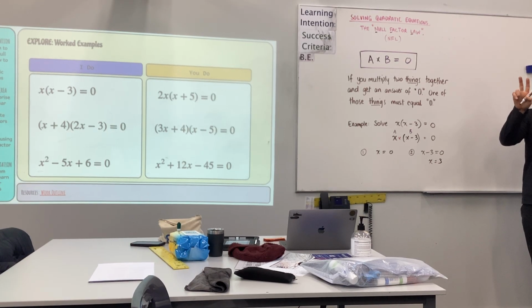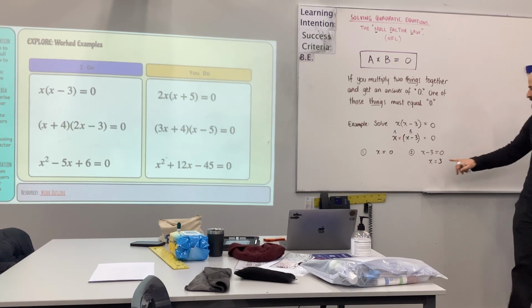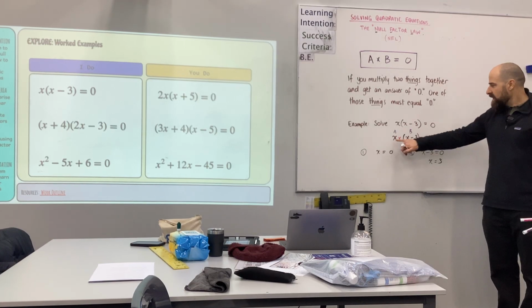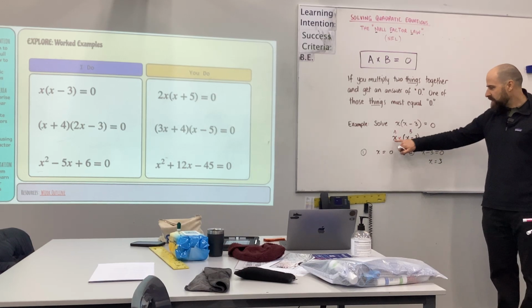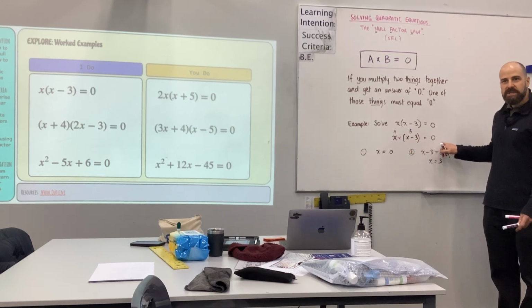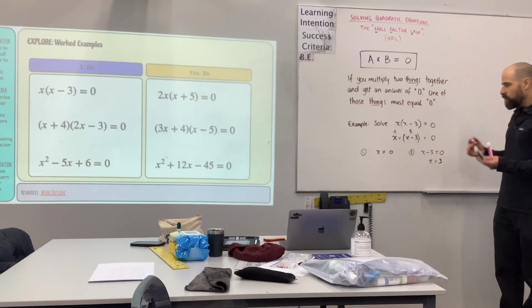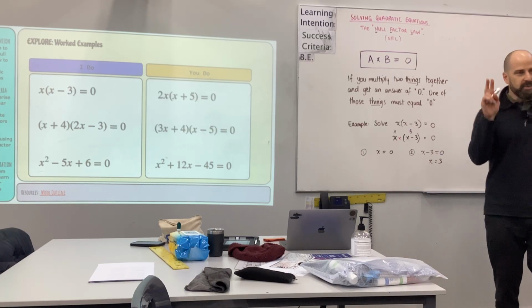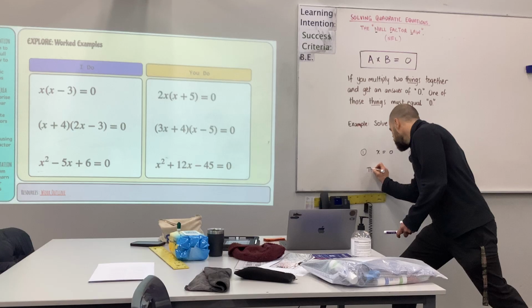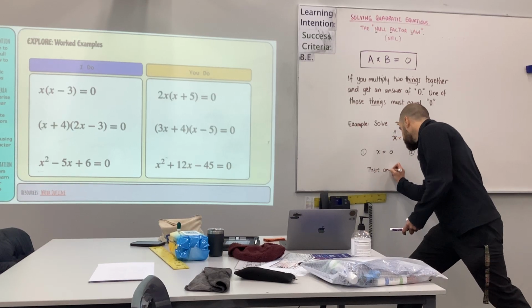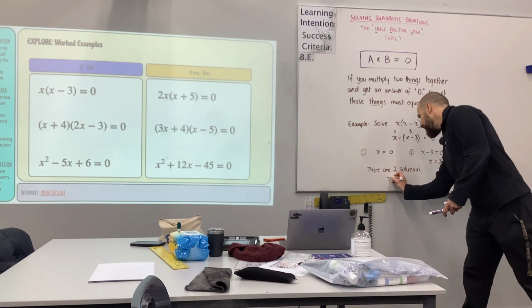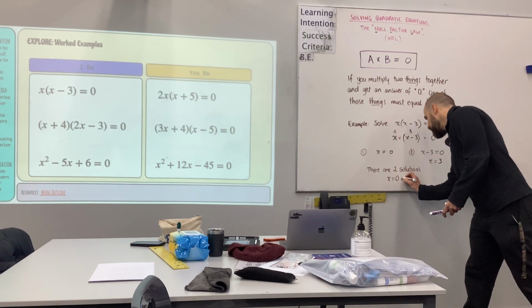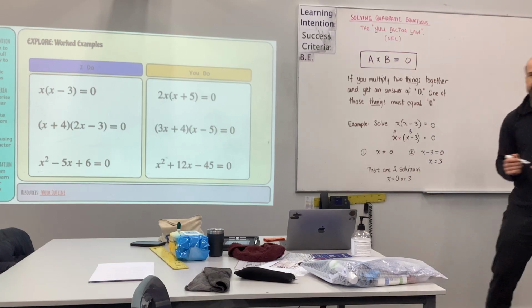If x was 3, this would become 3 times 3 minus 3, or 3 times 0, which also equals 0. So what we end up with is two possible solutions. Those solutions are x equals 0 or 3.